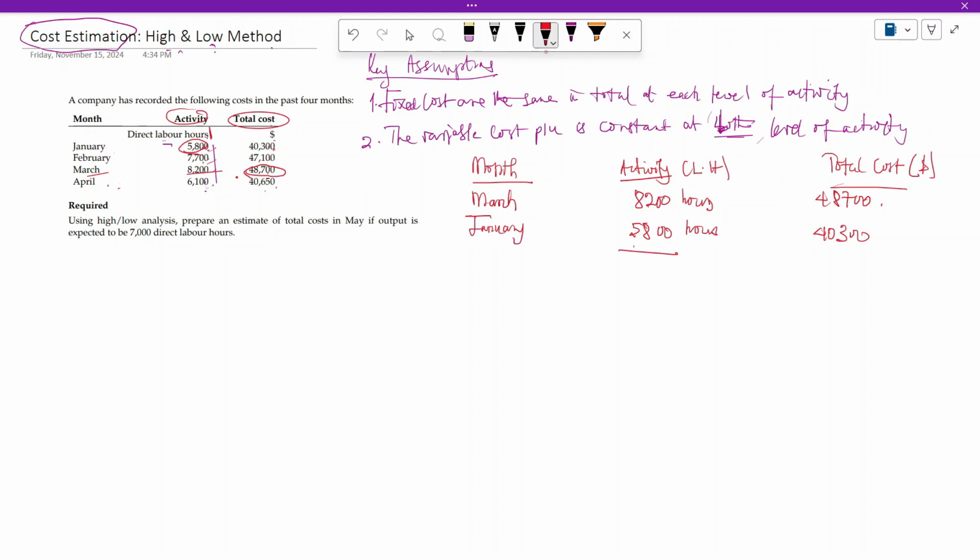So we have 8,200 minus 5,800, giving us 2,400 hours.